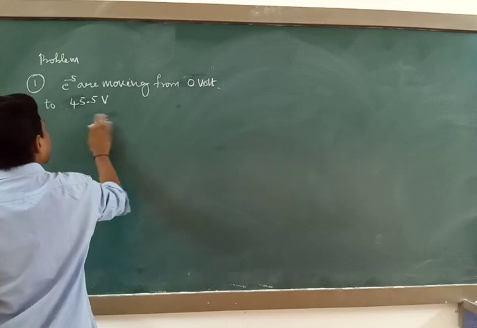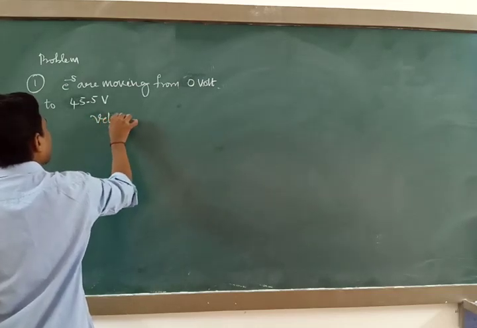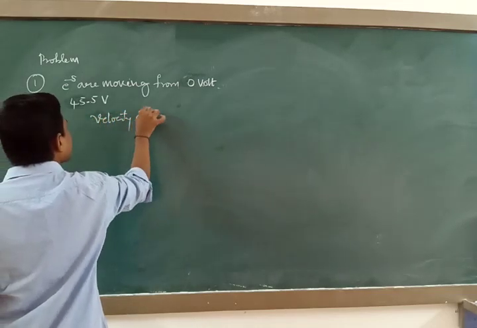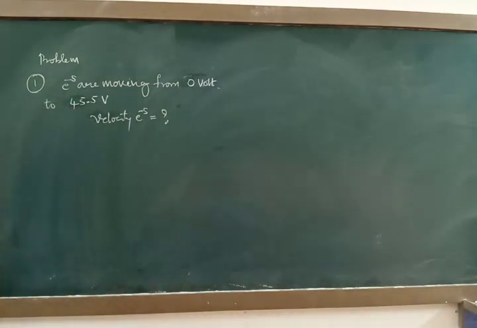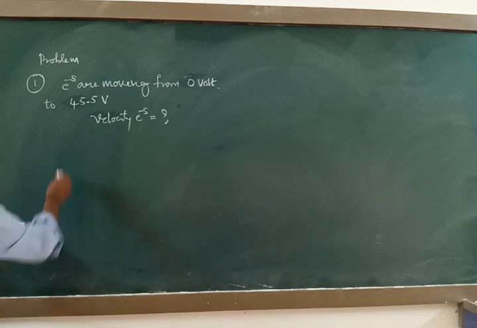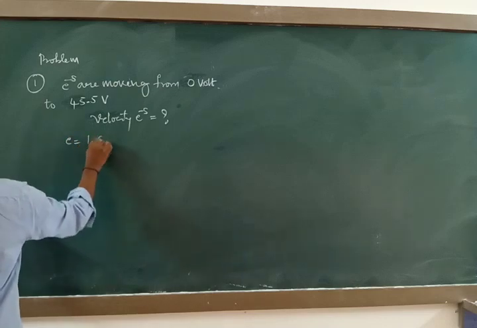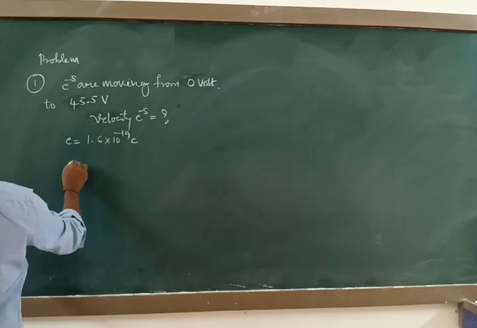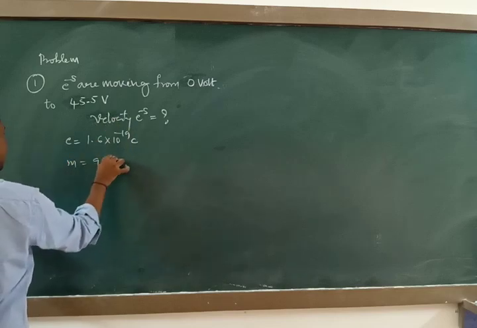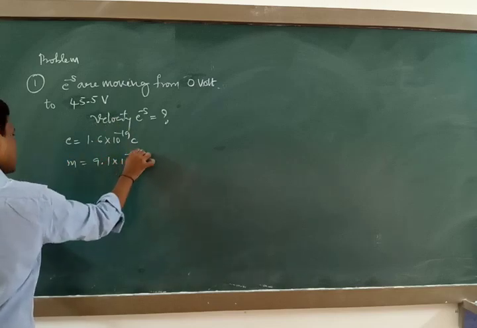So we need to calculate the velocity of the electrons. The question is very simple. For this they have given data: charge of electron 1.6 into 10 power minus 19 coulomb, and mass 9.1 into 10 power minus 31 kg.